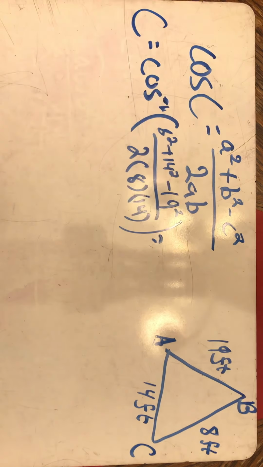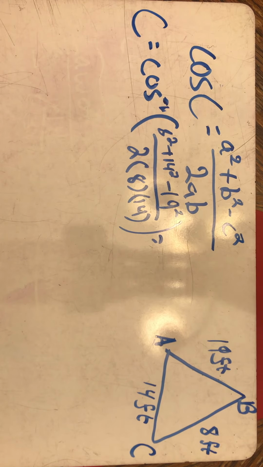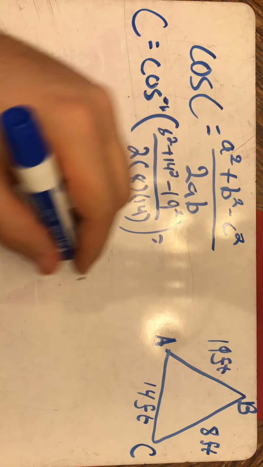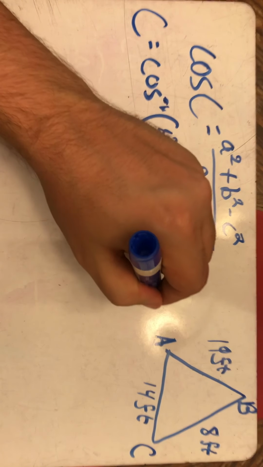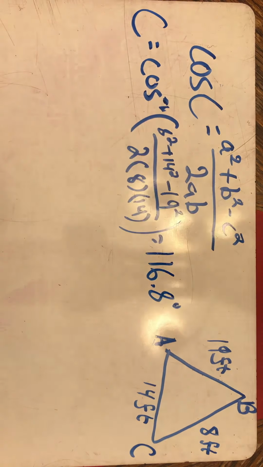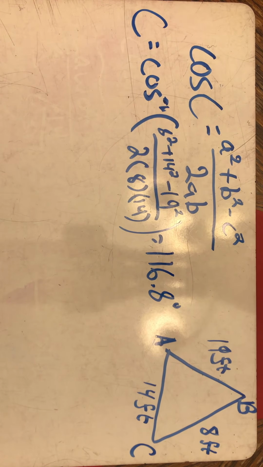The inverse cosine of this is going to give us a number. Round this decimal to the second decimal place. What I got when I did it was 116.8 degrees. It's kind of redundant to write that 0.